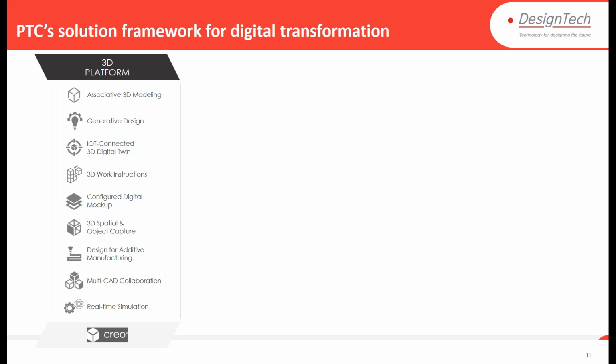So either modeling, assembly, and real-time simulations, or maybe if the company is working on multi-CAD collaborations, like they have different departments which are using different software, or maybe they have alliances with different suppliers and are getting the data in different formats, so that they can work seamlessly without worrying how the data is going to be used inside that platform.